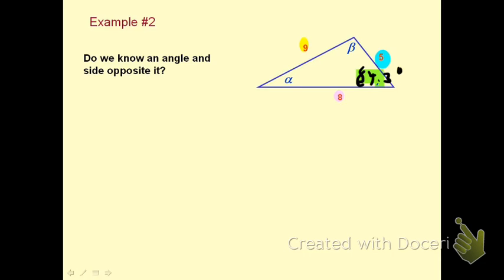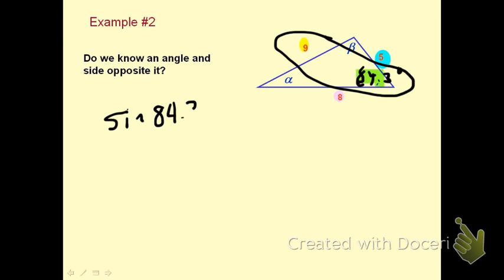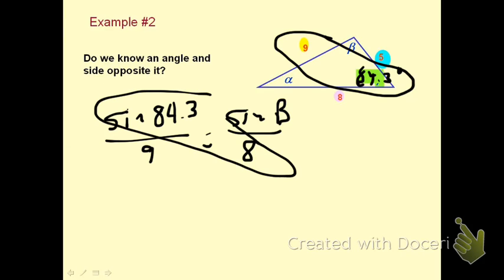Okay, now we've got an angle across from a side. So now we can use law of sines. So we can go sine 84.3 over 9 equals, let's go for b, so equals sine b over 8. So I'm going to cross multiply and divide. So I'm going to take sine 84.3 times 8 divided by 9, and I'm going to get 0.8845.